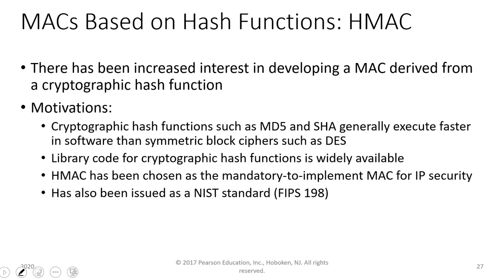So what can happen here is, say something like MD5 or SHA, and then we may use something like that as part of our approach for a message authentication code. So this is what we would identify as hash message authentication codes, or HMACs.